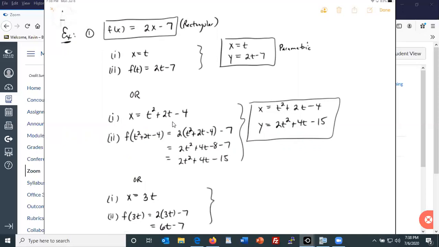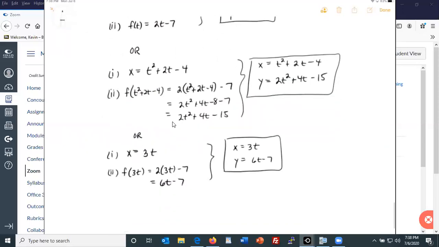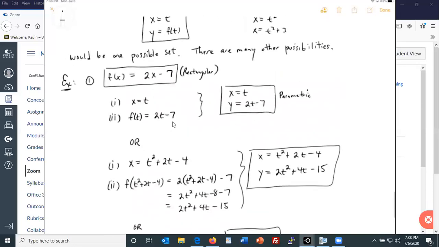So this set of parametric equations would simply be x equals my choice, 3t, and y equals 6t minus 7. Okay? Or dot, dot, dot. This can go on and on. You can have an infinite number of parametric equations for one rectangular equation of 2x minus 7.